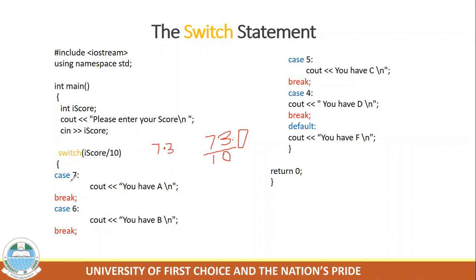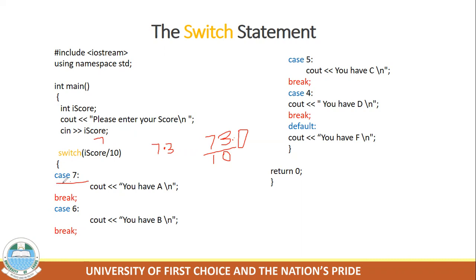So this takes care of any number in the range of 7, that is to say 70 up to 79. When you divide it by 10, you will still be having 7, right? So when you perform this operation and you have 7, it will take you to the case 7.